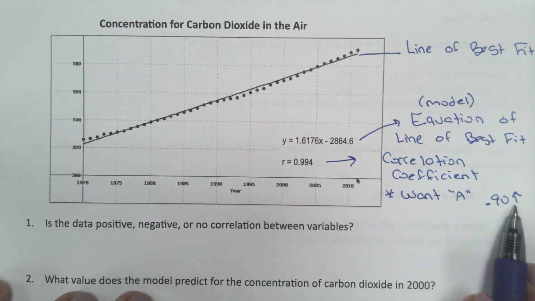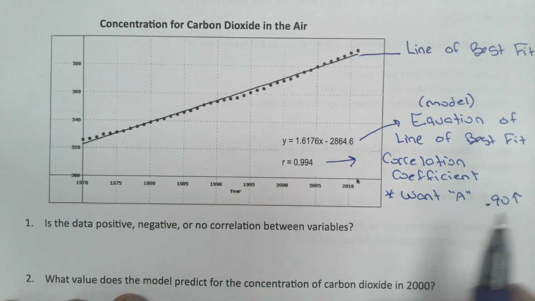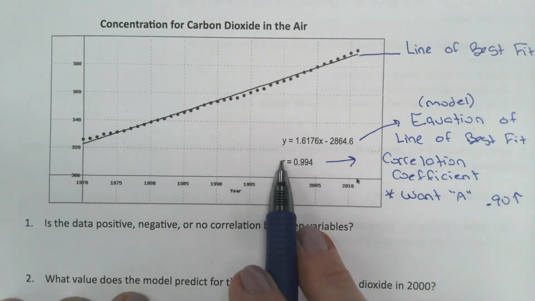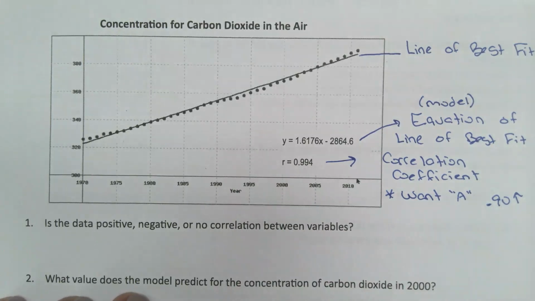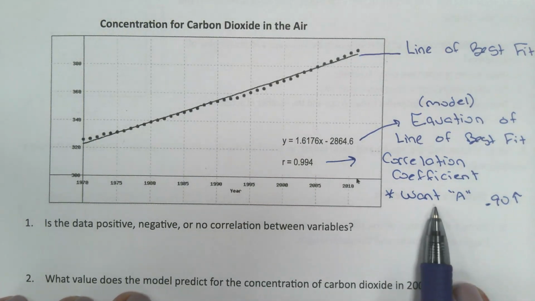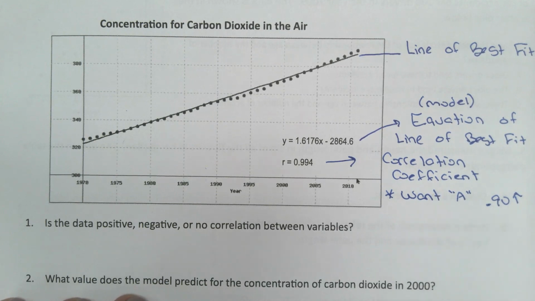If you do some research and you get some data and you draw in your line of best fit and this correlation coefficient is only at a 70%, you probably don't want to be publishing your findings because that is not good in the world of correlation coefficients.